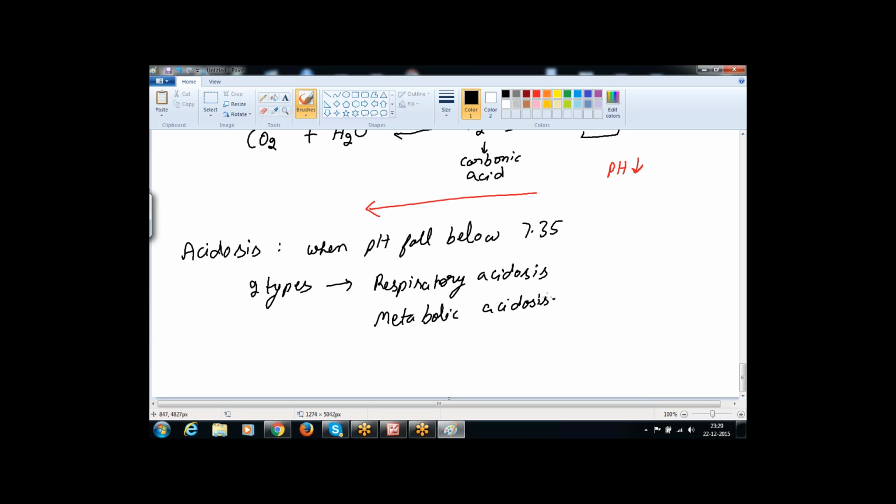Respiratory acidosis is when the problem is in the respiratory system. First, let's talk about respiratory. What could be the problem?